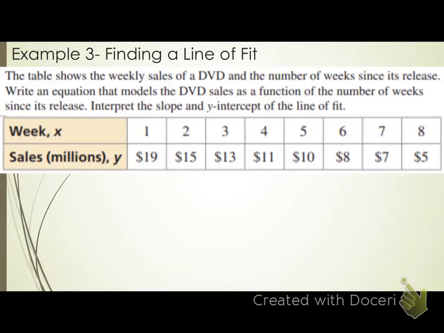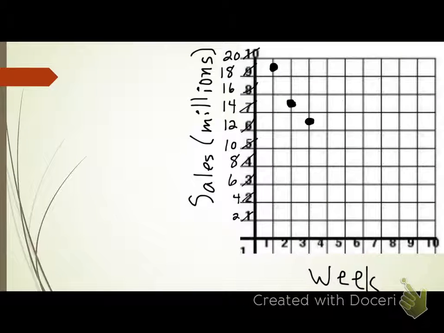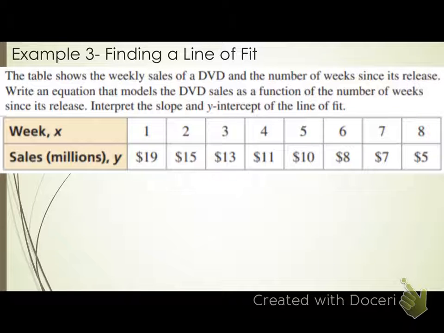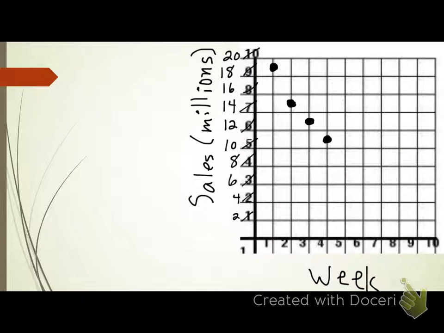That's my next ordered pair. 4, 11. Right 4, up 11. Next one. 5, 10. Right 5, up 10.